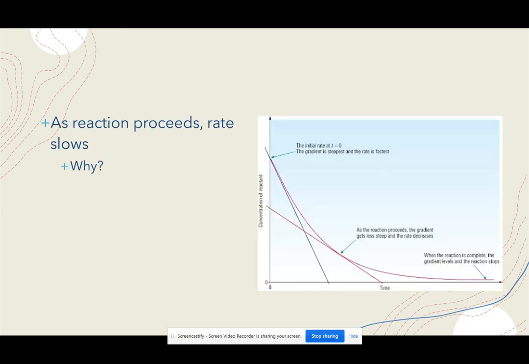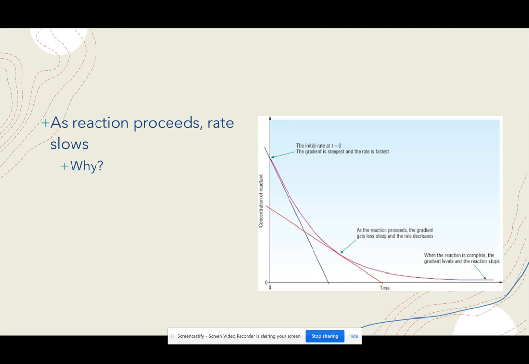As a reaction proceeds, the rate of a reaction is going to slow. So the pink line here is the reaction rate, and then the blue line and the red line are just to show you this change in slope as the reaction proceeds. Initially we start out very, very fast, reaction occurring very quickly, and we have a very steep slope. And then as time goes on, we have a slower reaction, less steep slope.